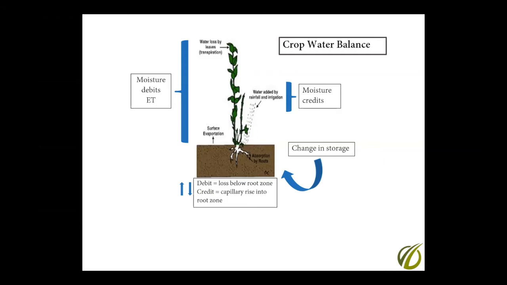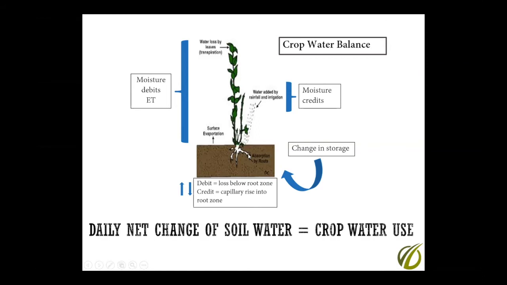But what we get at the end of the day is this net change in storage. Essentially the daily net change of soil water as measured by soil moisture sensors, that's crop water use. That's basically an indirect measurement estimate of ET.